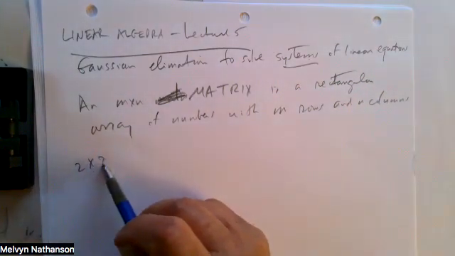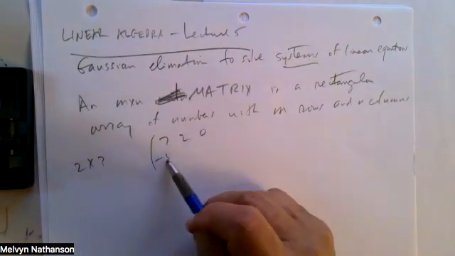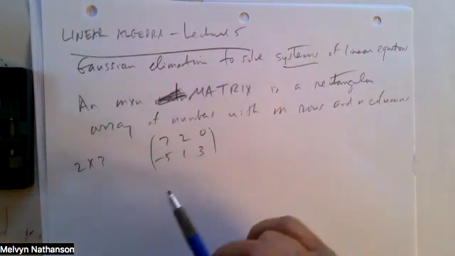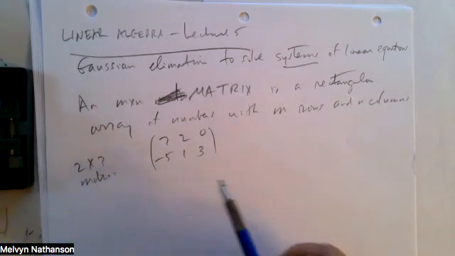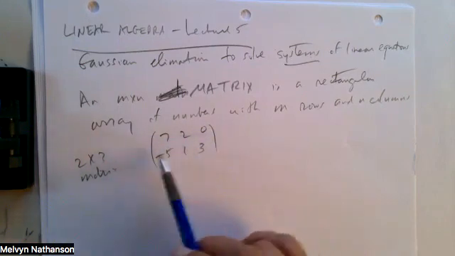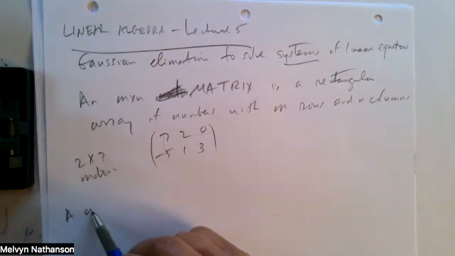So for example, a 2 by 3 matrix might be 7, 2, 0, minus 5, 1, 3. This is a 2 by 3 matrix. It has 2 rows of numbers and 3 columns of numbers. Okay?